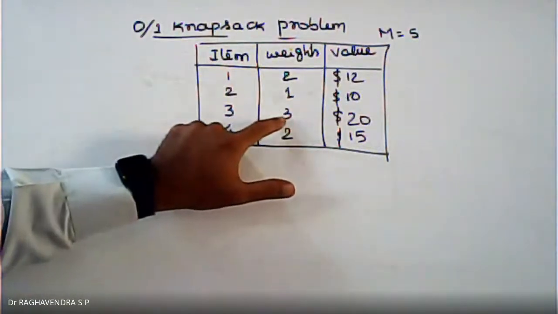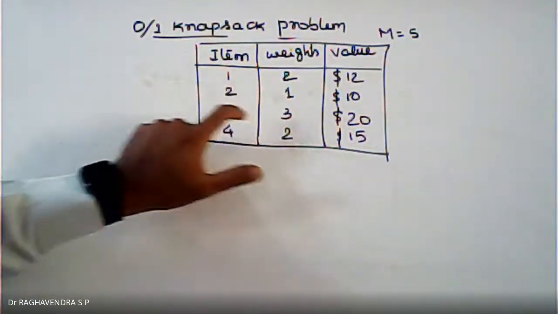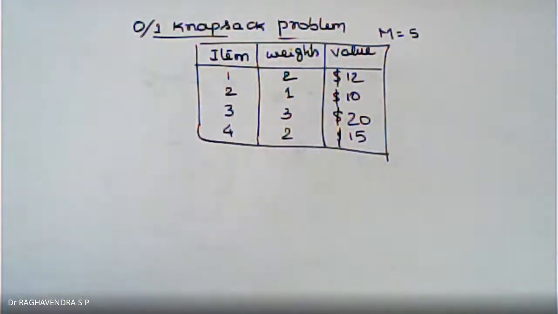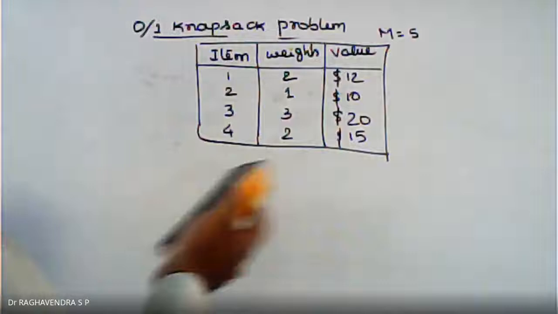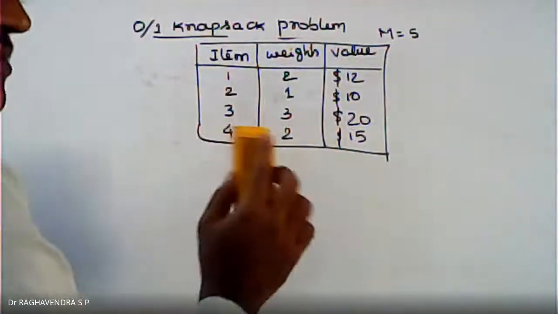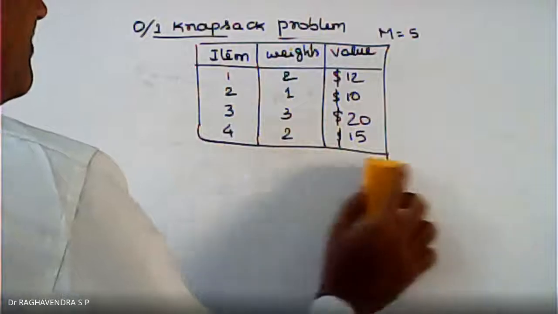Similarly, 3 is the weight of item 3 and 20 is the profit. 2 is the weight of item 4 and 15 is the profit. Because of space, I am going to erase this. Alright?